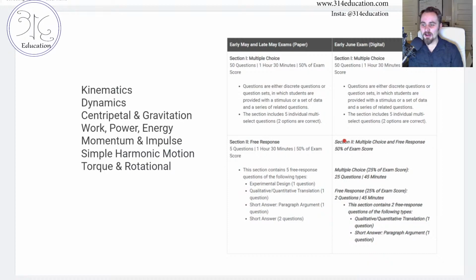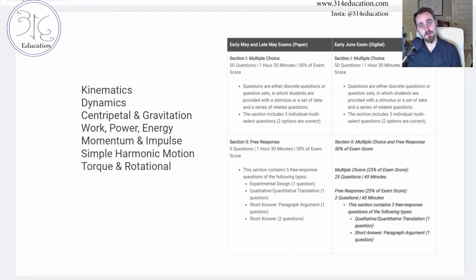Yeah, and so before the digital exam, section 2 is now cut with a multiple choice section as well as free response. So instead of 5 free response questions, you only have 2, but you have an additional 25 multiple choice questions. So if you prefer multiple choice over the written response questions, maybe the digital exam is the version for you.